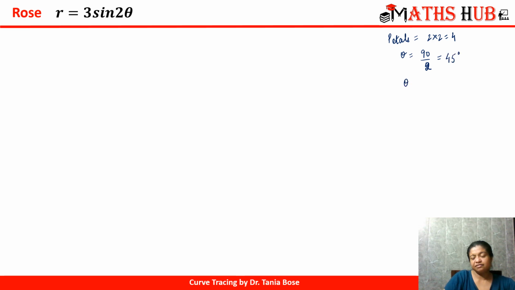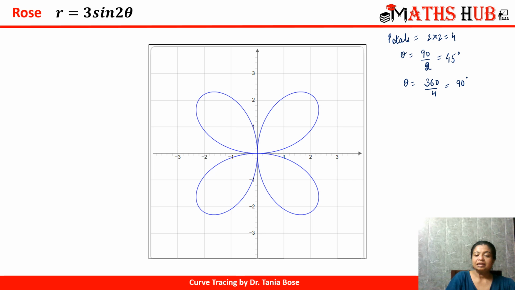And the next leaves will shift with an angle of 360 by 4. That is how much? 90 degrees, right? So you can see the first leaf occurs at theta equal to 45 degrees, and then there is a shift of 90 degrees, right? So the next leaves shift at an angle of 90 degrees, right?